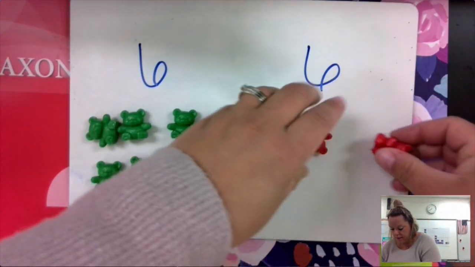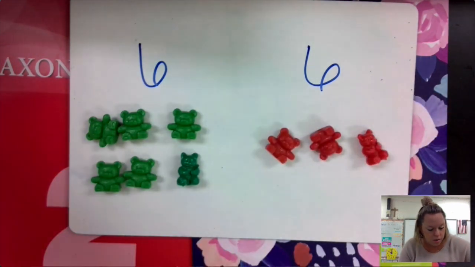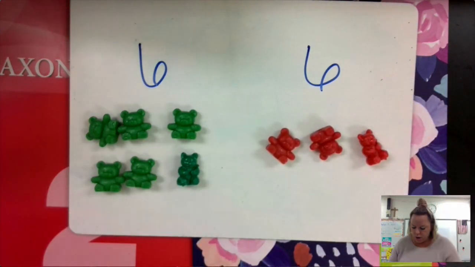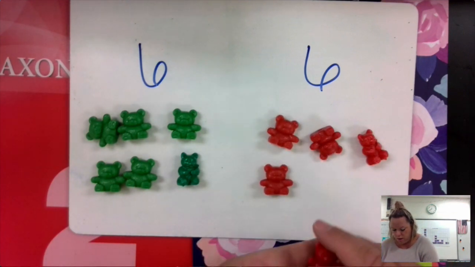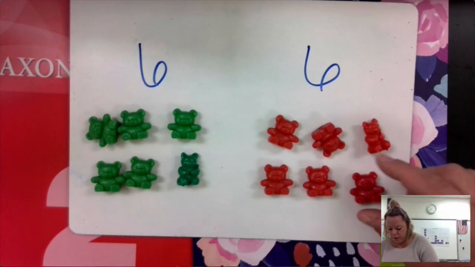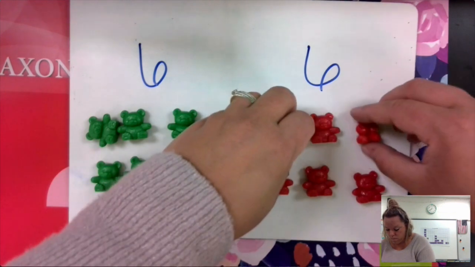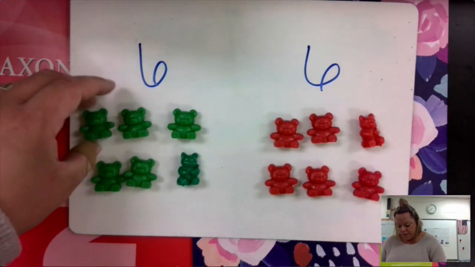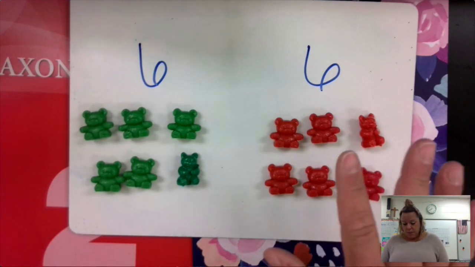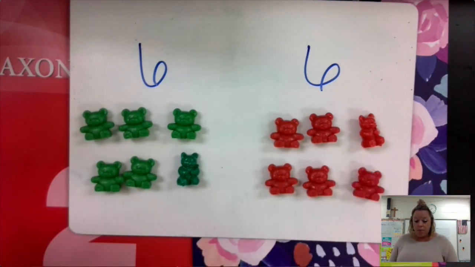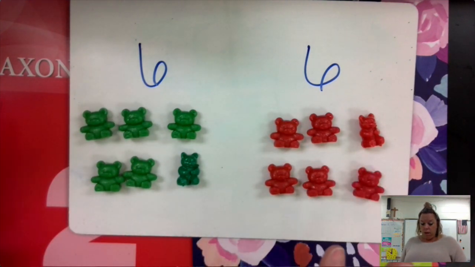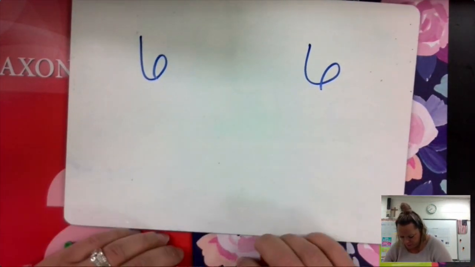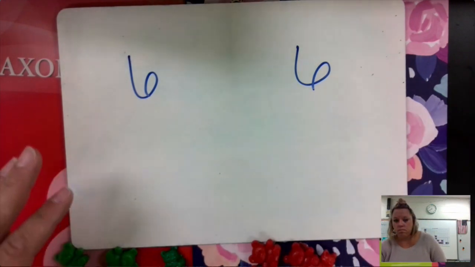I could take 6 more bears so that you can see. You can see I'm trying to use the same color for each so that you can keep them separate. Okay, so you can see that they're equal. I've got 6 bears on this side and I have 6 bears on this side. They're the same.